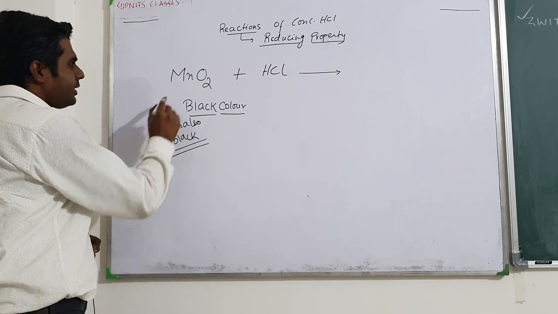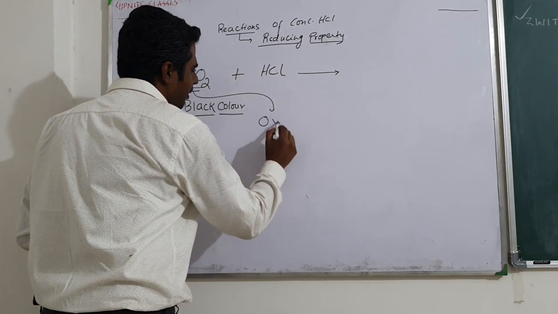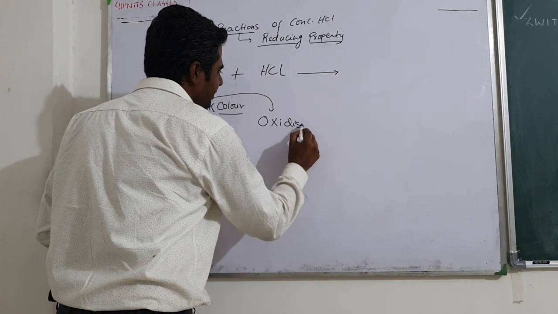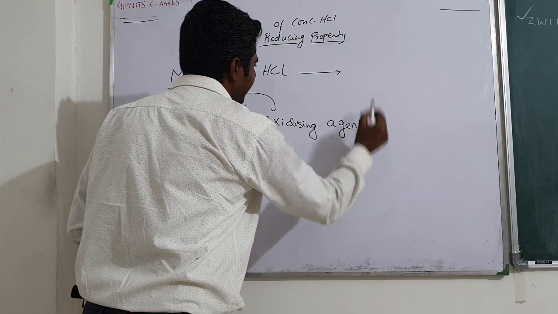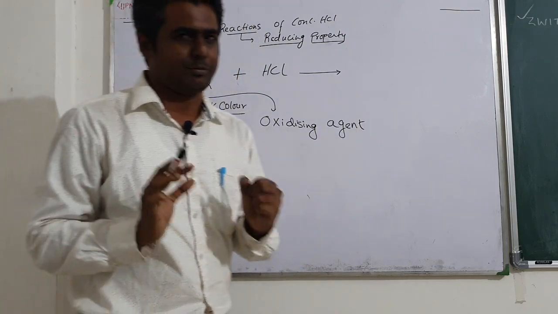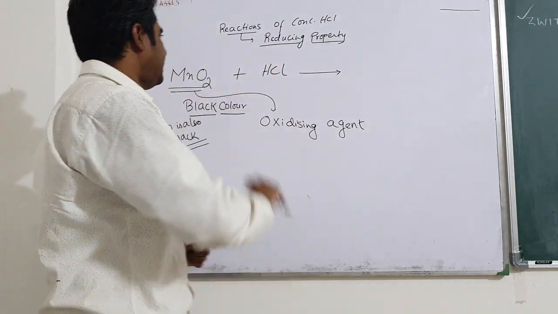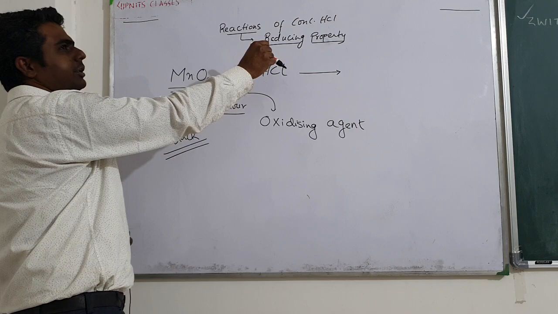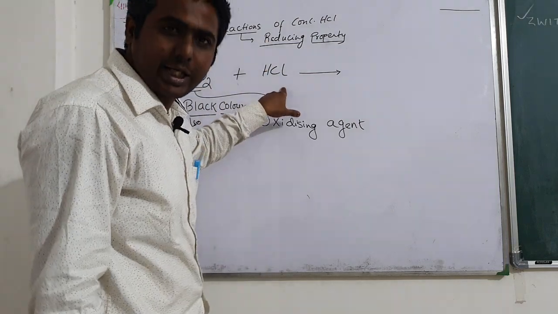This MnO2 is a very good oxidizing agent. MnO2 has a lot of oxygen, so let us assume that. It is going to give the oxygen to HCl, which means it is going to oxidize HCl.